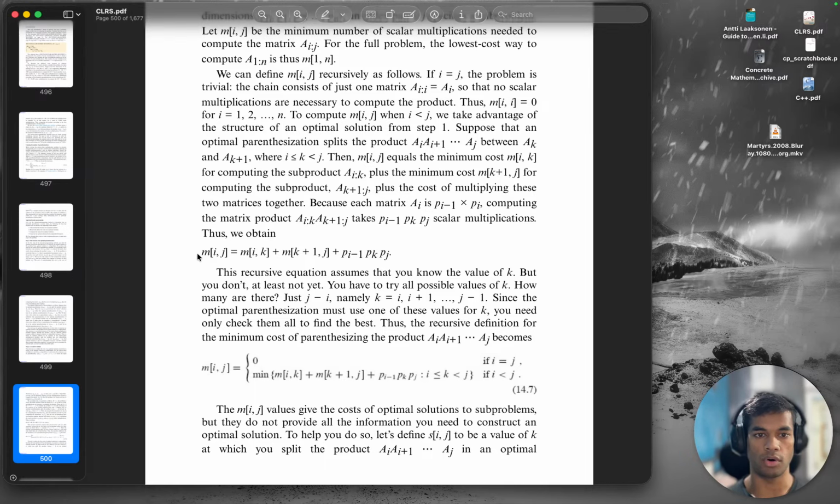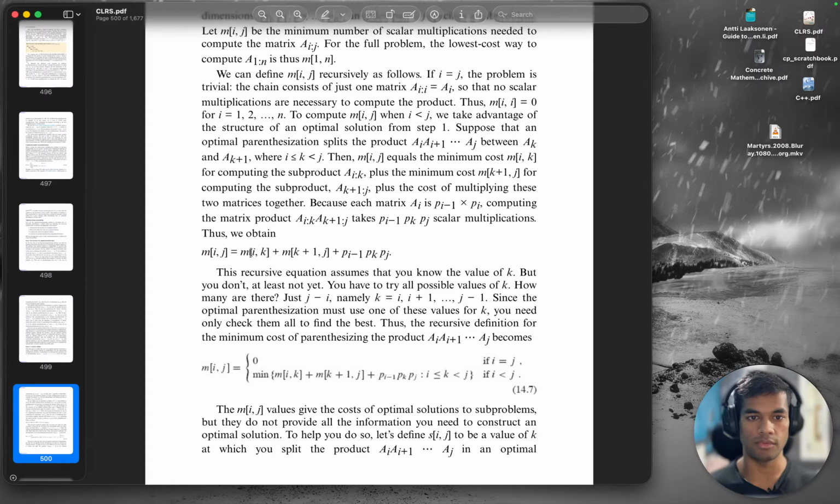Computing the product when we split at k would be the cost for multiplying matrices i till k, the cost for multiplying matrices from k plus 1 till j, plus the cost for multiplying the left matrix with the right matrix.